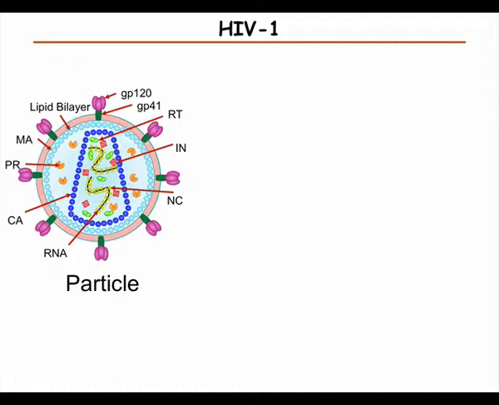So one example of looking at interactors for a virus: this is HIV.